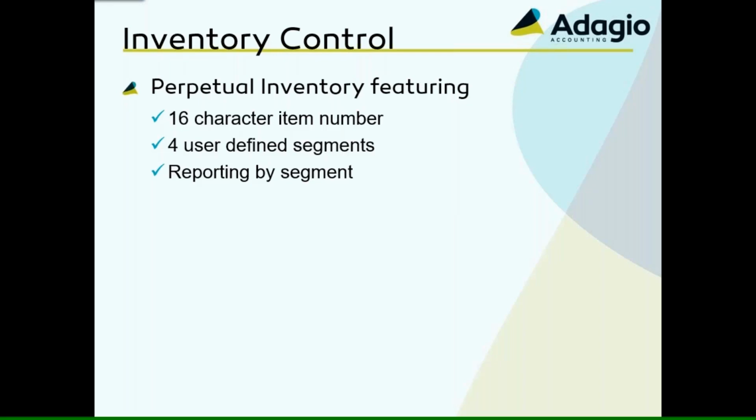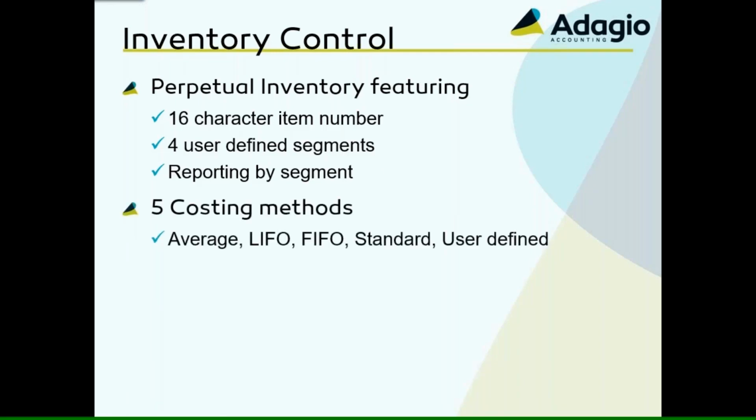That allows you to do some analysis of how your inventory is moving and what you should reorder. You don't have to use all 4 segments, and you don't have to use all 16 characters. You can have your own separators between the segments, so it's easy to read when you are looking at the item numbers on a report.